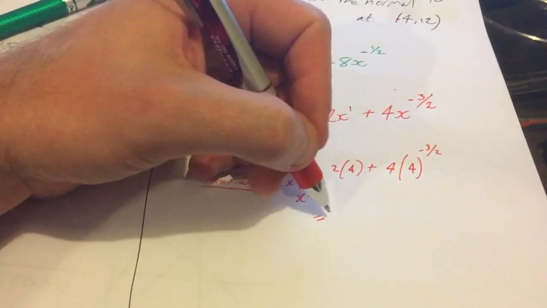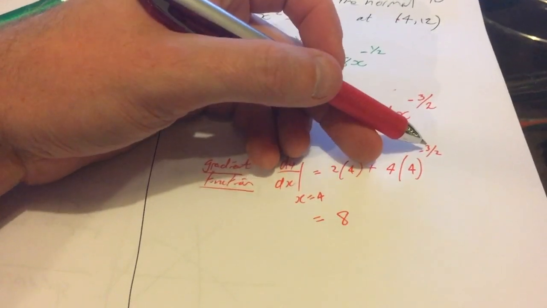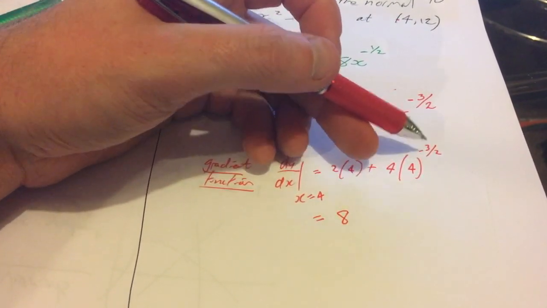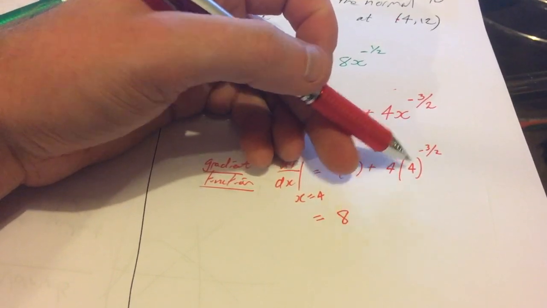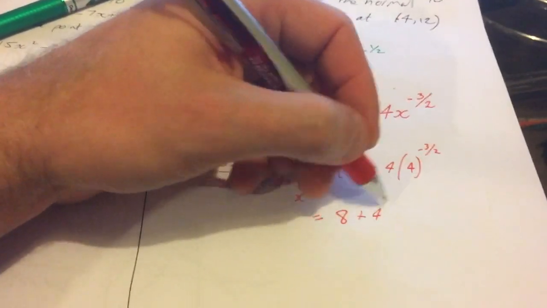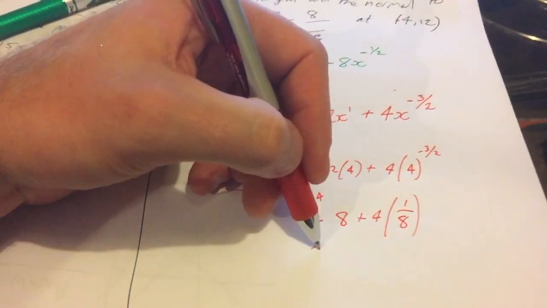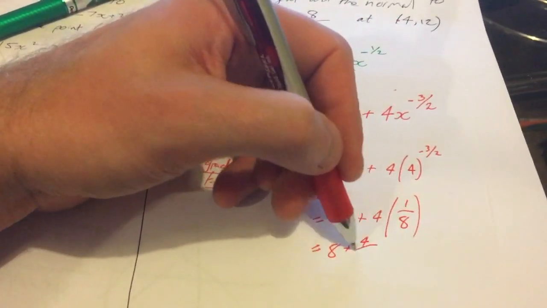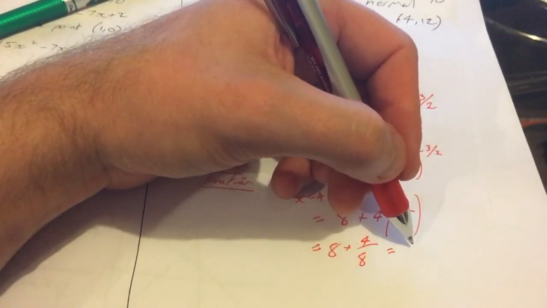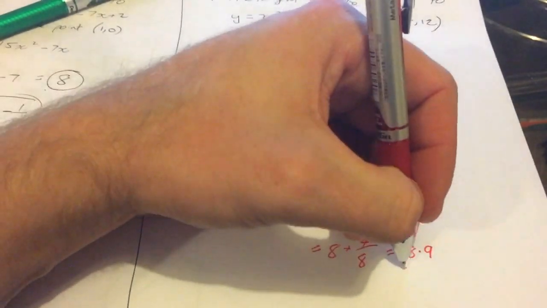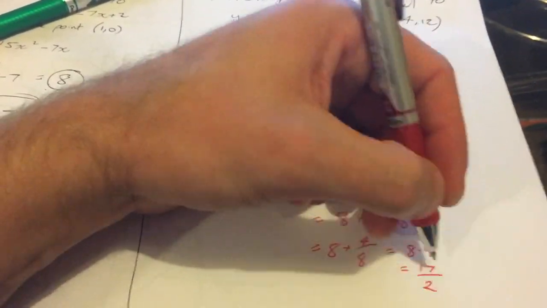So 2 times 4 is 8. 4 to the minus 3 over 2, well, let's root it first, and we're going to get 2. 2 cubed is going to be 8. So it's going to be 1 over 8, so plus 4 times 1 over 8. And I can work this out, it's going to be 8 plus 4 over 8, which is 8.5. Or in other words, it's going to be 17 over 2.